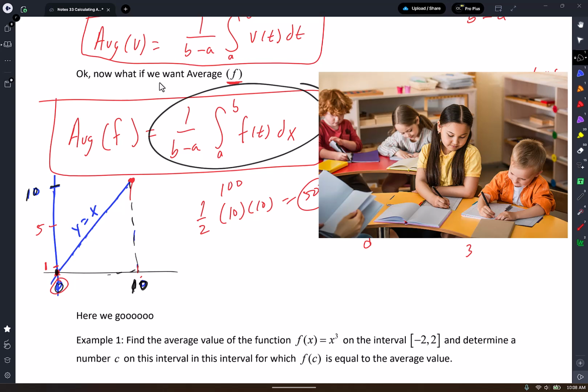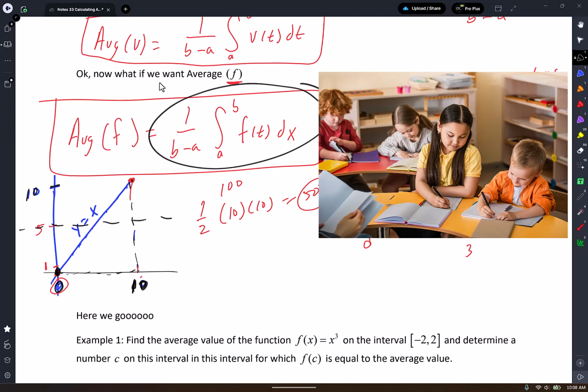What does your intuition tell you that your average y value is? Well, if my lowest value is 0 and my upper value is 10, going from x0 to x10, the average value is probably right smack in the middle between 0 and 10, which is 5. So the average value of this is 5.